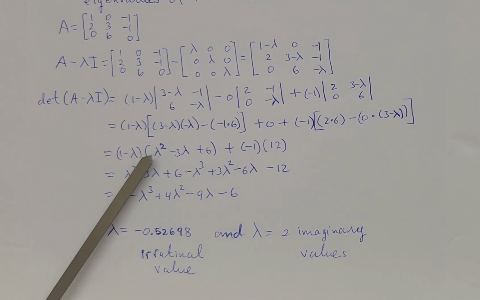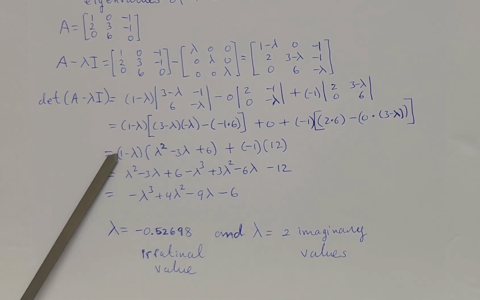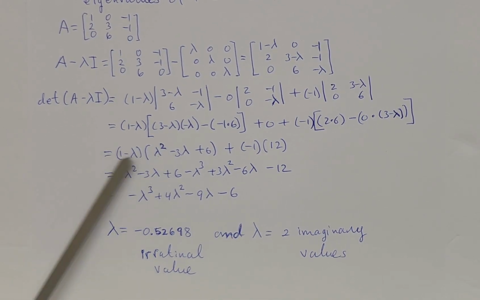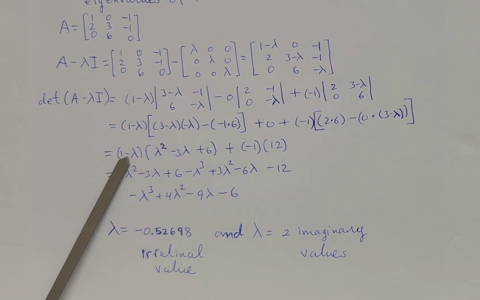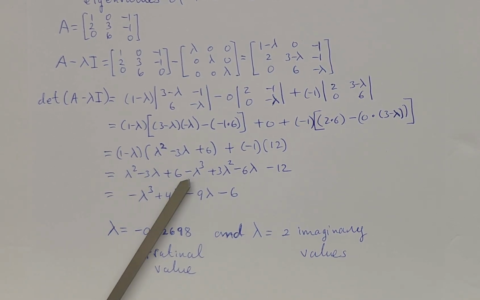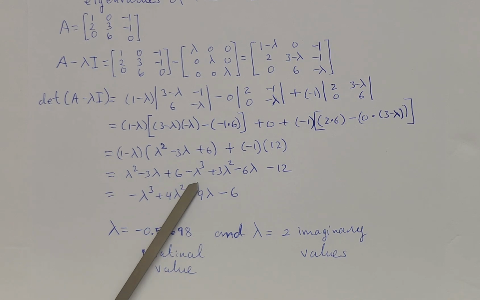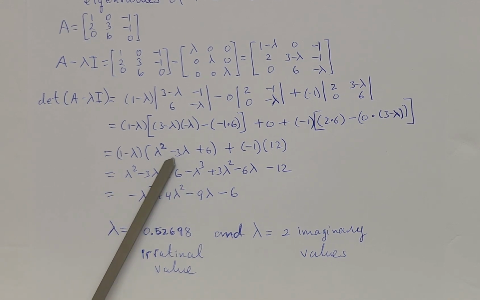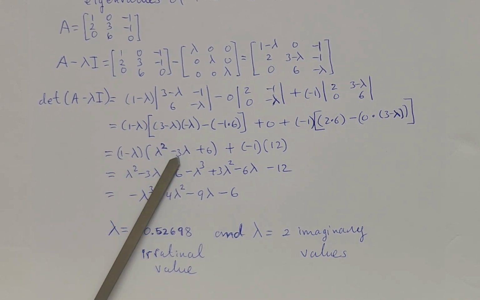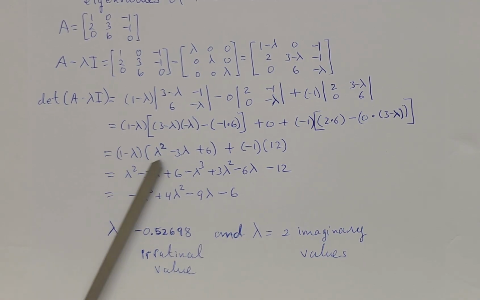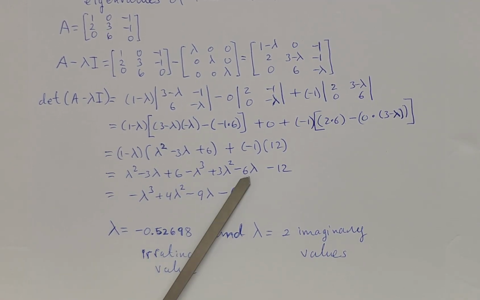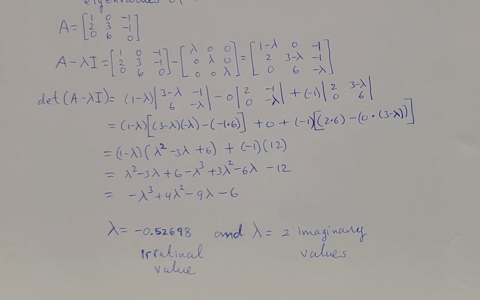So 1 times lambda squared, 1 times negative 3 lambda, 1 times 6 is right here, positive 6. And then negative lambda times lambda squared is lambda cubed, so negative lambda cubed. Negative times negative lambda times negative 3 lambda, which is positive lambda squared. And then negative lambda times 6 will be negative 6 lambda. And then don't forget this negative, so it becomes negative 12.